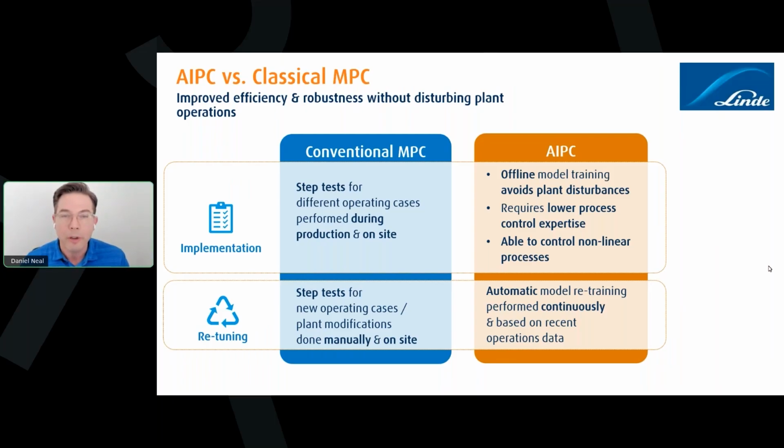And that can perturb the process, it can disturb the process, it can create variability, especially if you're at high rates, or whatever's going on, it may not be ideal to do those step tests. So with AIPC, we can do offline model training with existing data. It also has lower expertise requirements and the ability to control nonlinear processes with self-learning neural nets. With the AIPC, we find it superior.